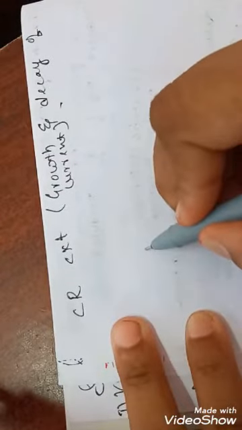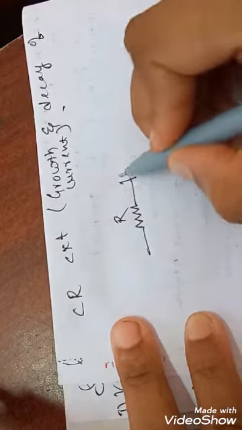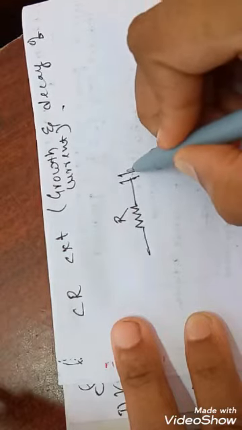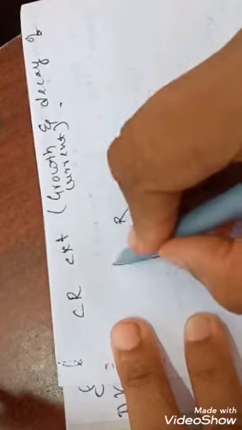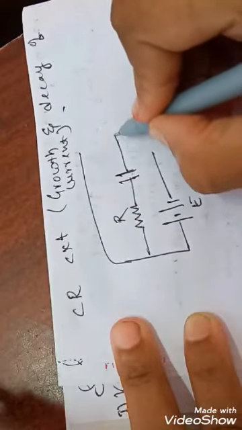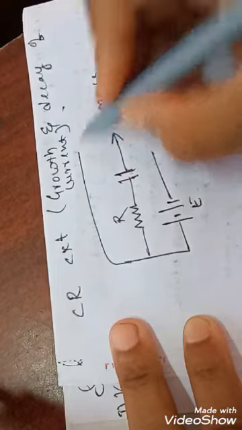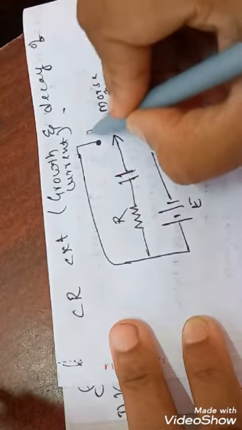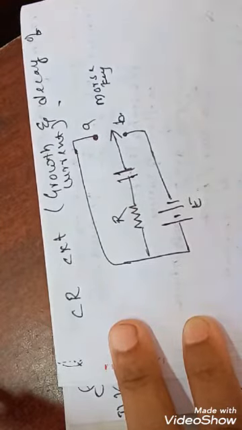First, a resistor in series, I connected a capacitor, a battery of EMF E, and I connected this to a Morse key, with two points A and B, right?